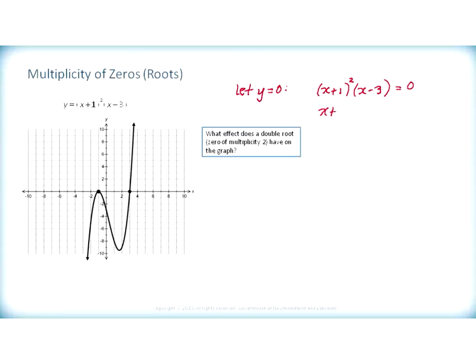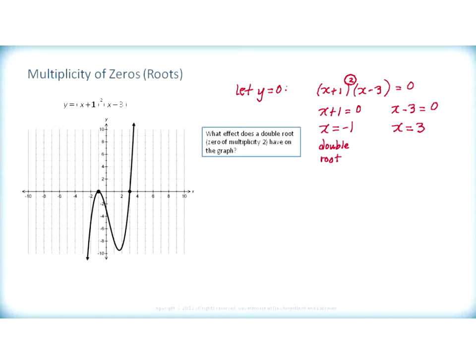This will occur when x plus 1 equals 0, when x equals negative 1. But because it has a multiplicity of 2, we refer to this as a double root or a double zero of the polynomial function. The other root will occur when x minus 3 equals 0, and that's at x equals 3.